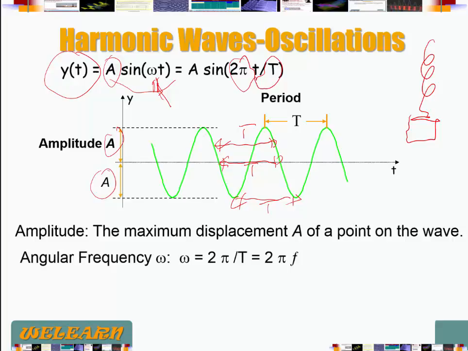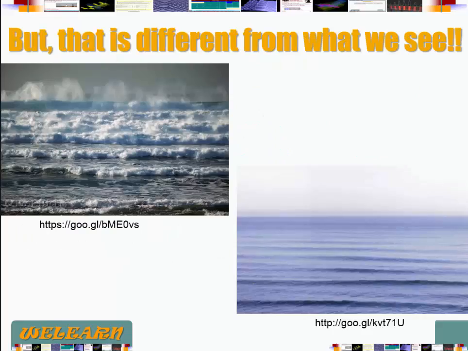So it's telling us about how the mass is going up and down as a function of time. But if we talk of waves, this is what we see when we talk of waves. Something like these crests here and troughs that are moving. So what we are seeing here, these crests, they are as a function of position, not time.